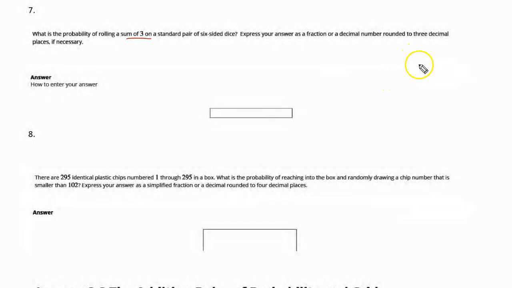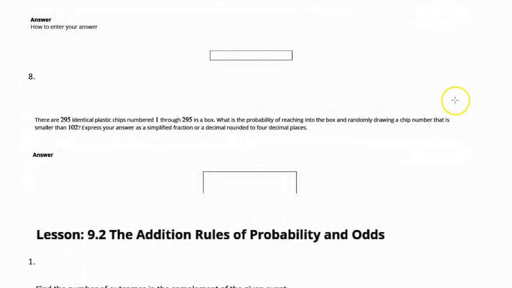There were 2 possibilities, so 2 out of 36, which is 1 out of 18. And you can figure out the decimal form, but putting it in this fashion is the easiest way. All right, let's go on to our last one.